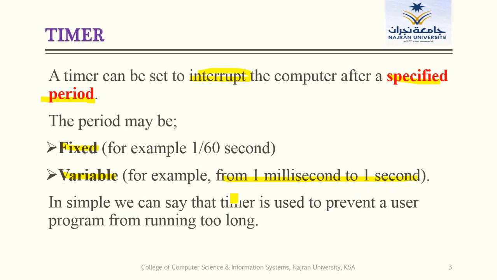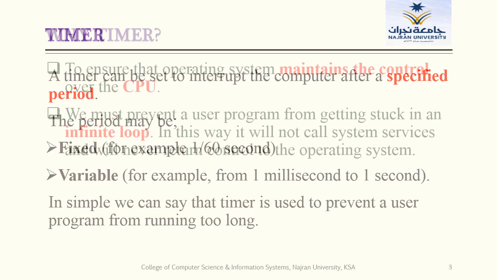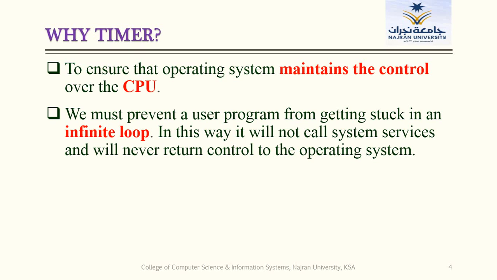So in simple terms, we can say that a timer is used to prevent a user program from running too long, because it is possible that a user program is running, taking too much time and not giving control back to the computer. So timer is very important. Why is it important?